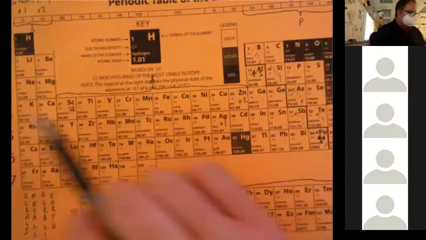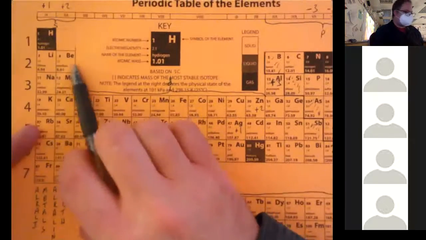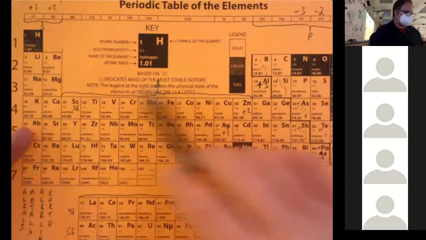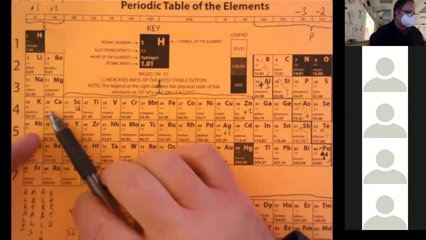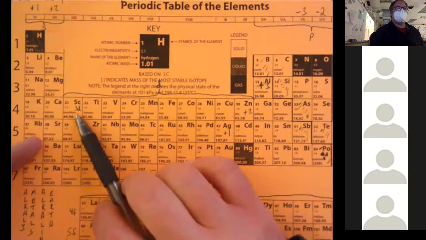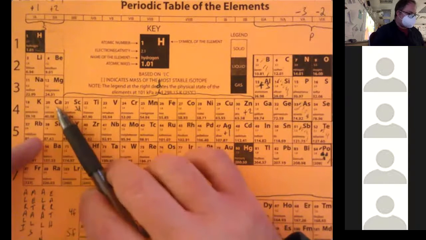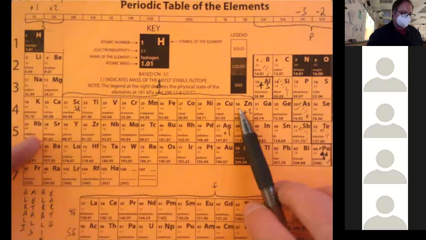Bromine? Bromine is 1s2, 2s2, 2p6, 3s2, 3p6, 4s2. Remember, the D's are always one behind. So 4s2 drops down to 3d10.